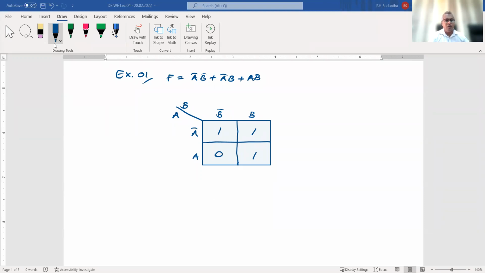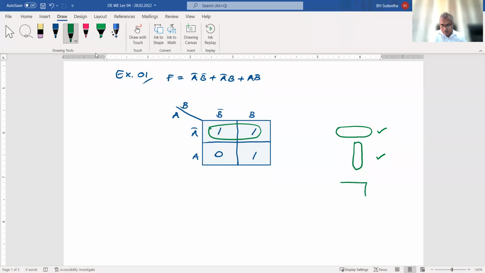Then how can we group these things? We can make a group like this. What are the possible groups that you can have? Horizontal groups are okay. Vertical groups are okay.